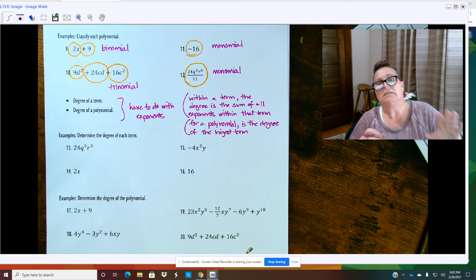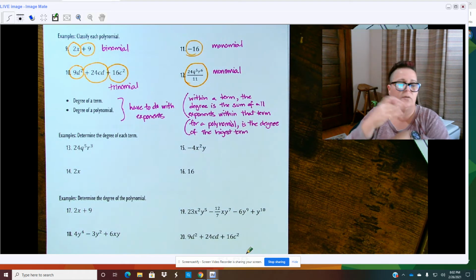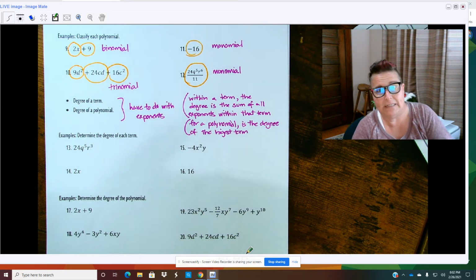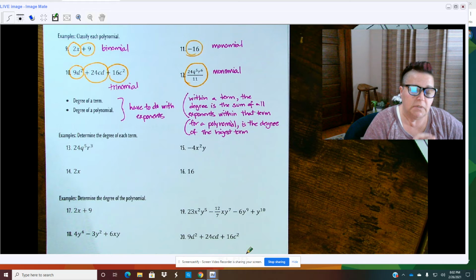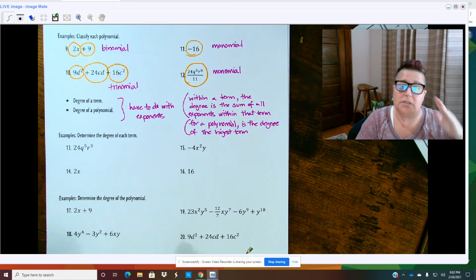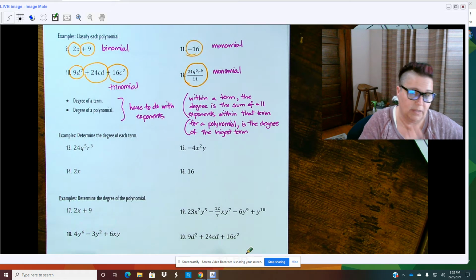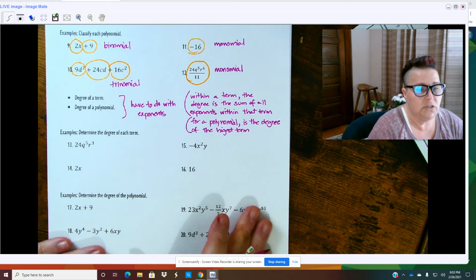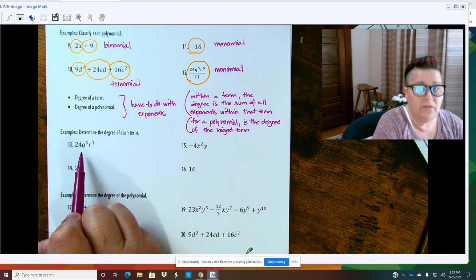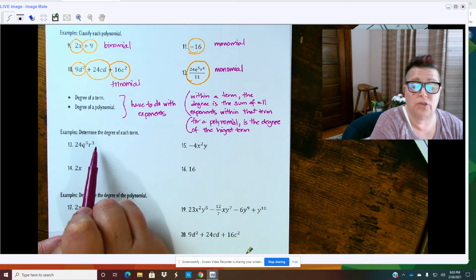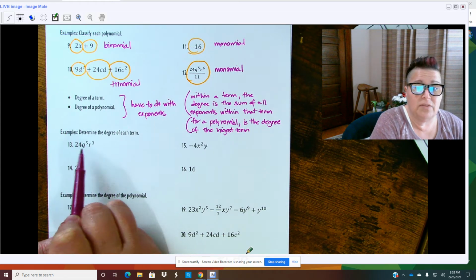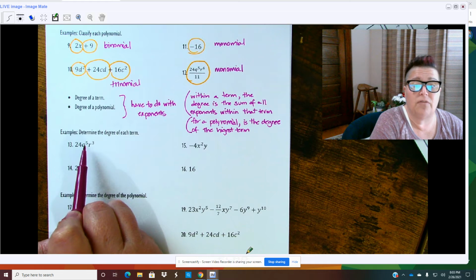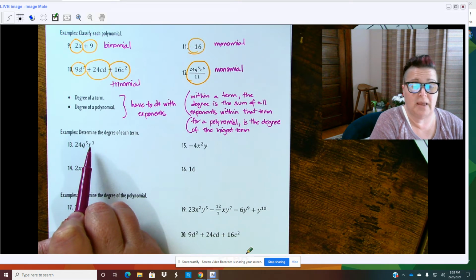Okay. This takes a lot of getting used to. I'm not going to sugarcoat this. This is going to take some practice. All right. So if we look at some examples just for the degree of the term, let's start there. So for number 13, we've got 24 q to the fifth r to the third. The degree of the term is the sum of all of the exponents within that term.